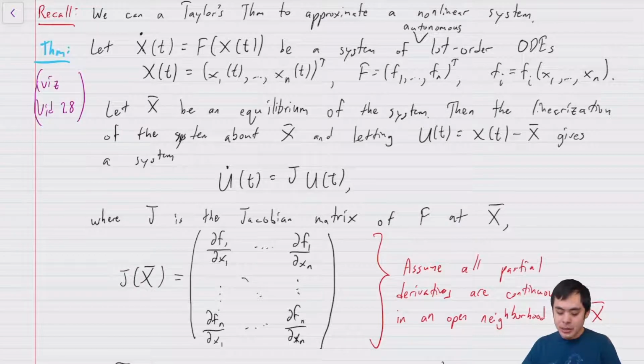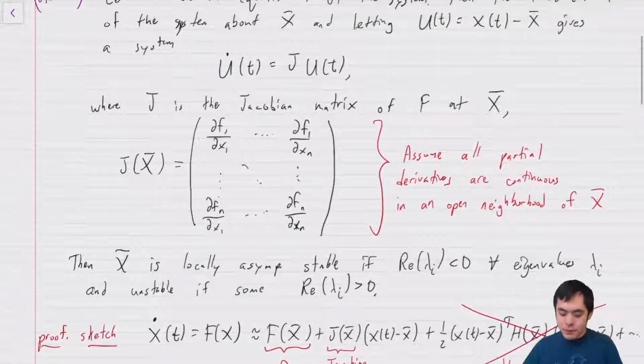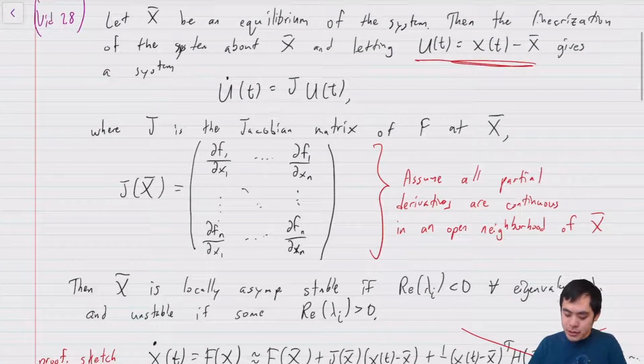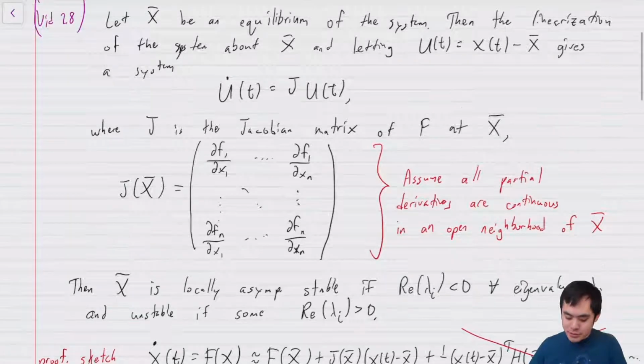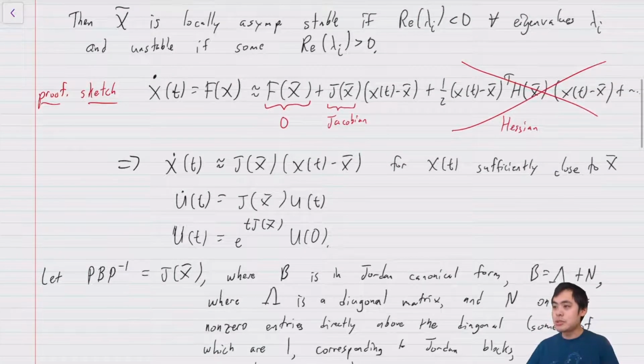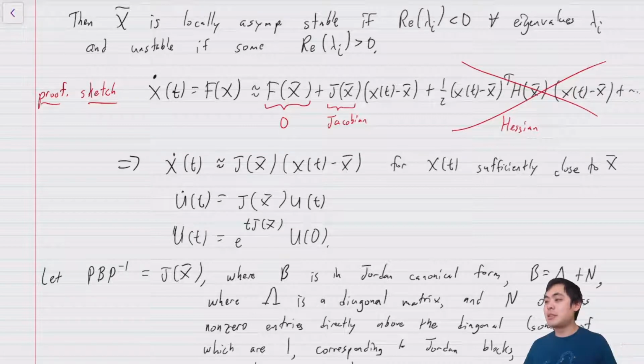So the first thing we did is, we had our regular setup, and then we showed that by using a change of variables and linearizing around our equilibrium, we get a new linear system. So what we did is we used Taylor's theorem. Of course, you start out with the value of the function at the equilibrium point, and then you use the Jacobian at the equilibrium, and then the Hessian at the equilibrium, and then the third derivative and the fourth derivative, etc. But since this is a linearization, we're going to ignore everything but the first two terms.